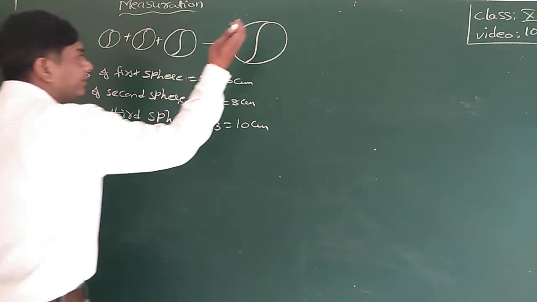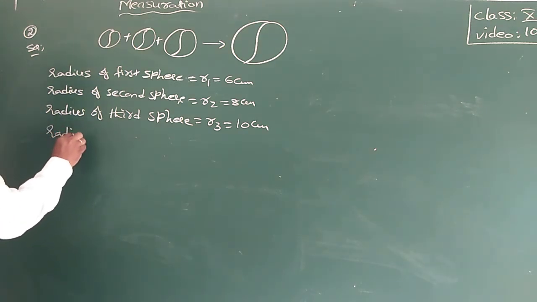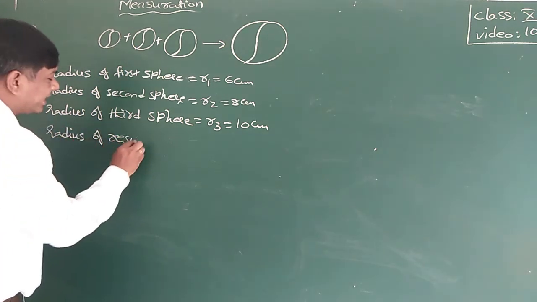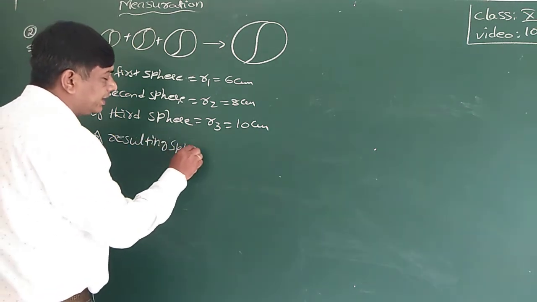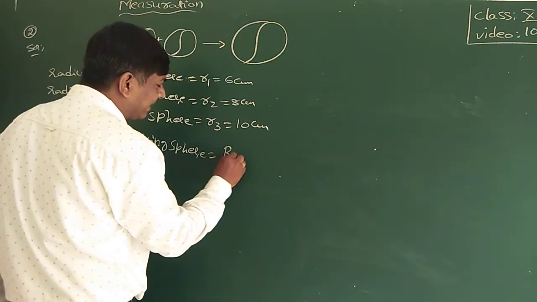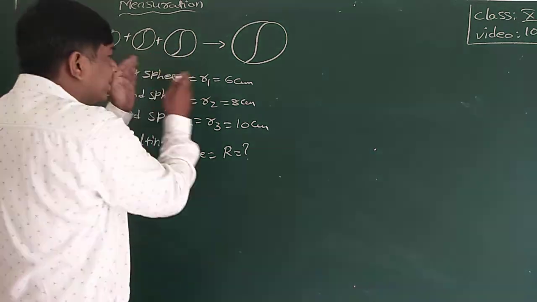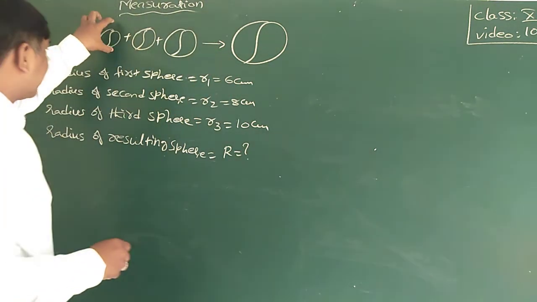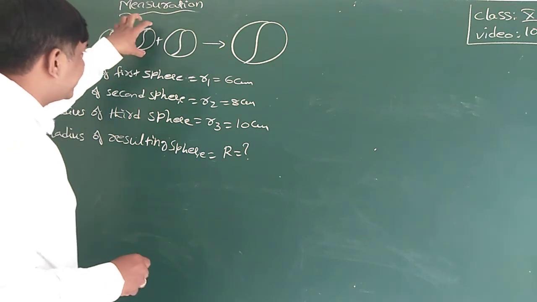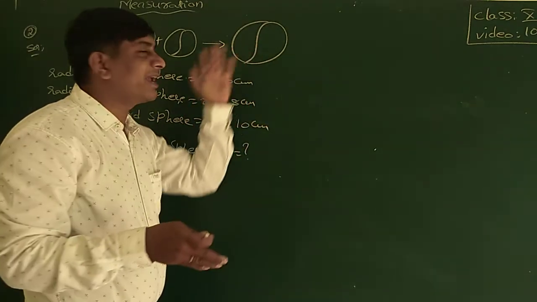Now we need to find out the radius of the resulting sphere. Resulting sphere radius is capital R, which we have to find out. Means you are taking these 3 spheres and making a bigger one. Whatever matter is in the first sphere, second sphere and third sphere, all together mixed, you are making a bigger one.